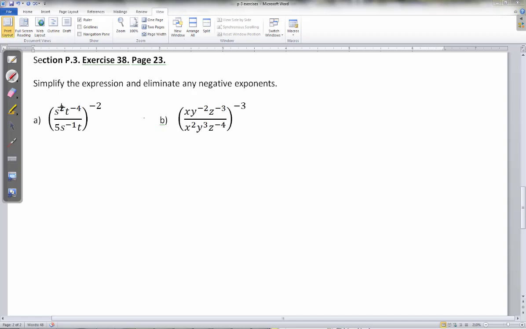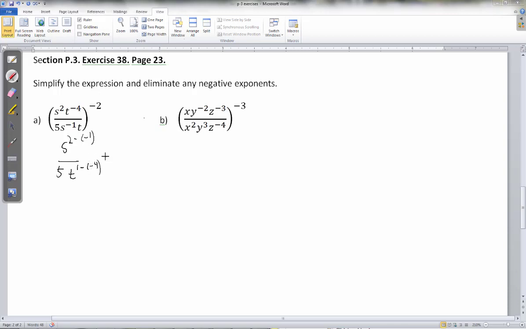So in that case, I would have to subtract these two s's. So s to the 2 minus negative 1 would be s to the 3. And I'll write that in the next step. On the bottom, I'm not doing anything with the 5. I might as well subtract the t's on the bottom, because that's where it's going to end up being positive. T to the 1, because no power means there's an understood 1, minus negative 4.